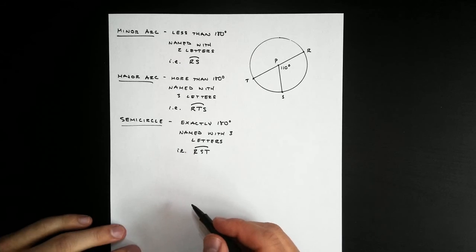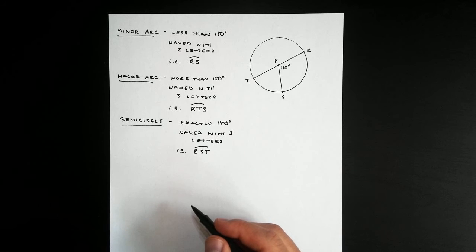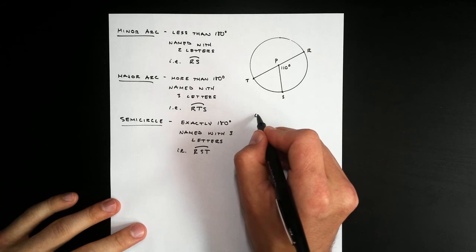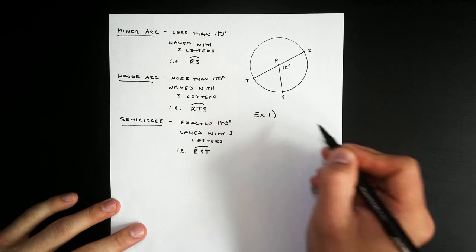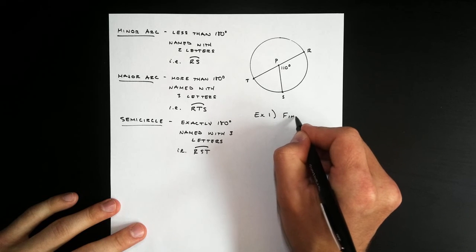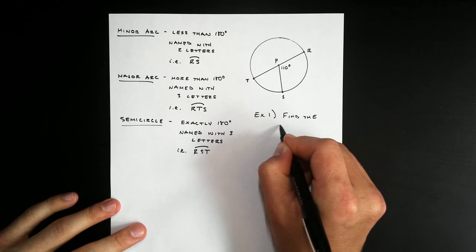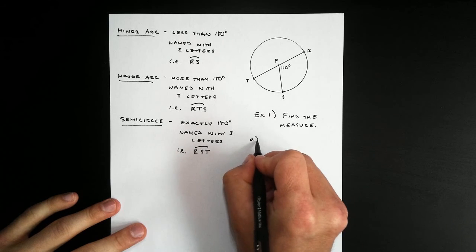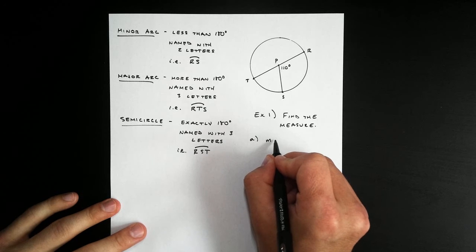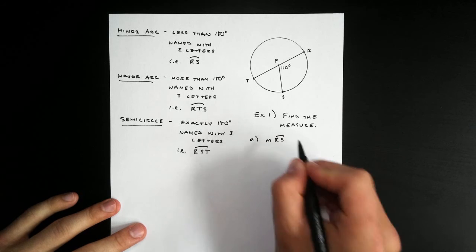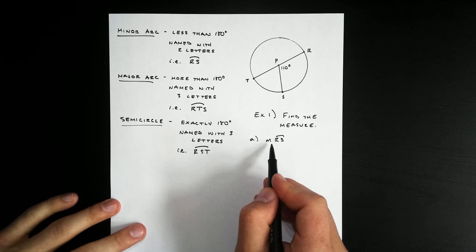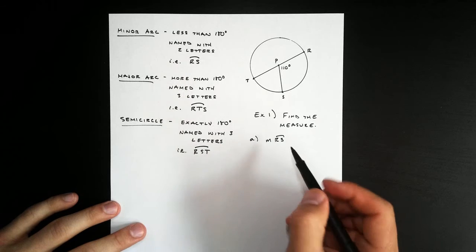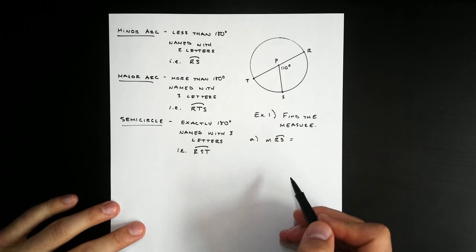Now when we want to talk about how big these are, all we need to do, just like we do with angles, is we put a little m out in front. So let's do an example. Find the measure. So the measure of arc RS. So the little m out front now indicates that we're talking about a measure, whereas up here we were talking about the actual arc. So here we're looking at a number.